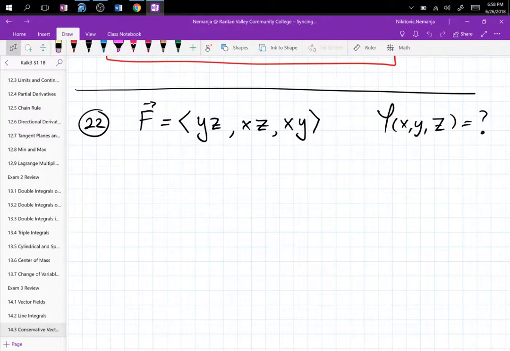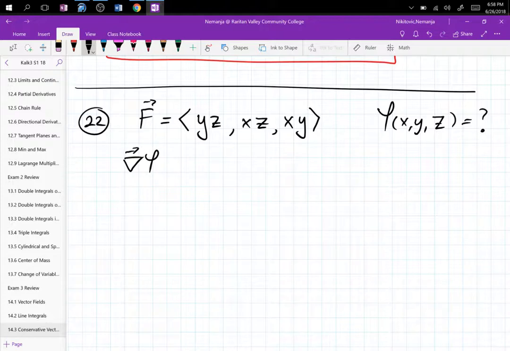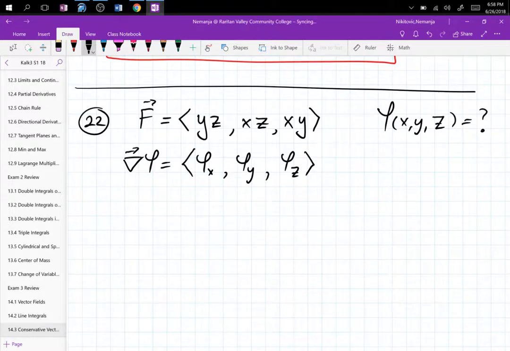All right. So what do we have? We have that del phi is going to be phi x, phi y, phi z. So what we have is this situation. Now we see the one-to-one correspondence between these.